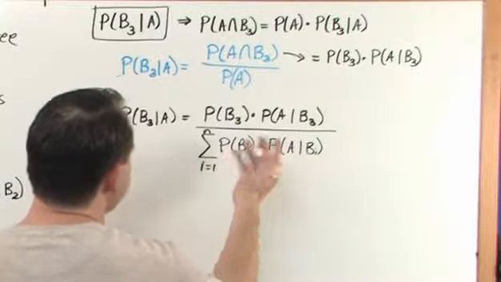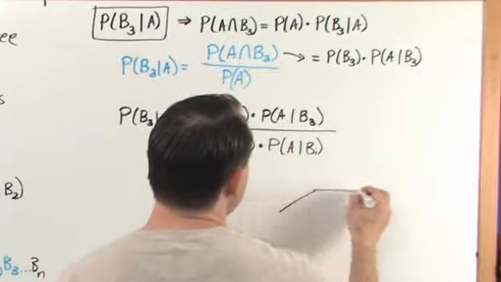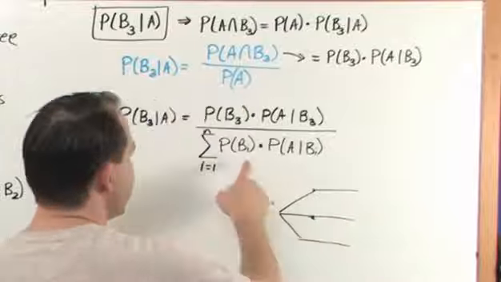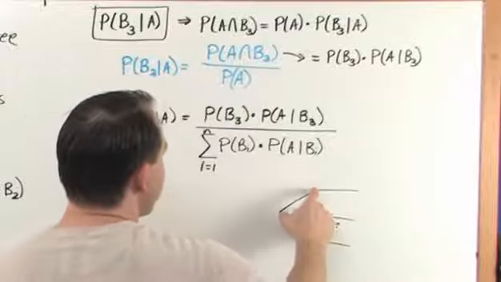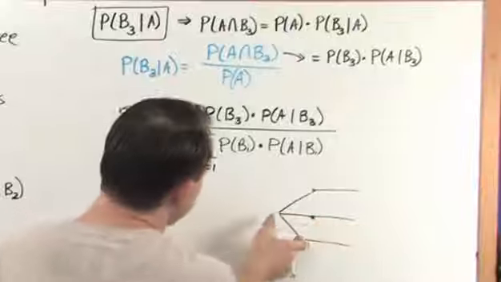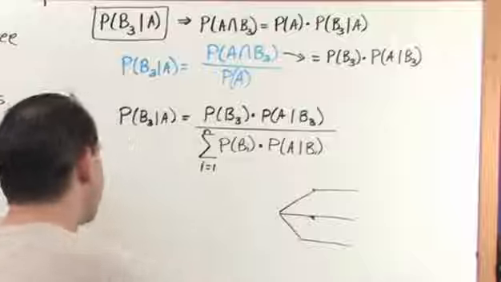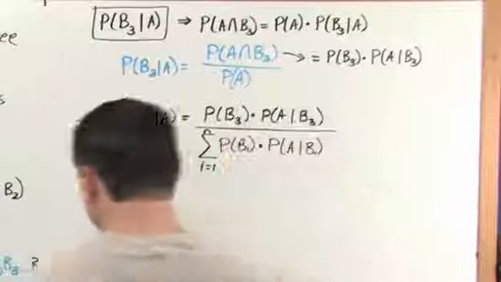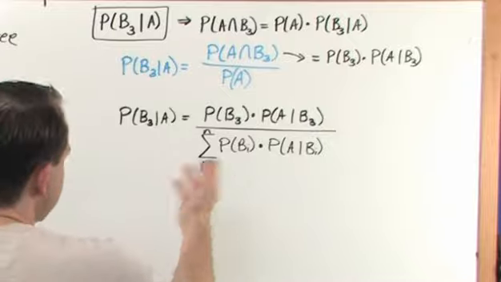All this bottom part is, you have your branches like this. This thing really is just saying the probability of this times this plus the probability of this times this plus the probability of this times this, exactly like we were talking about before. So this basically is going to give us the answer.